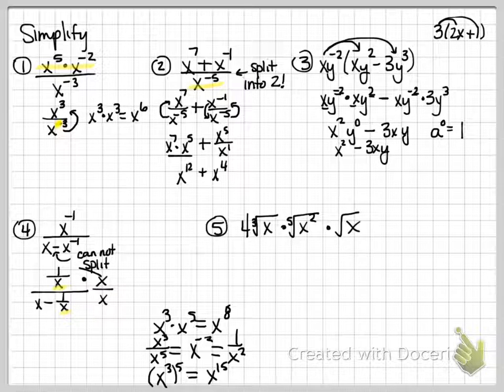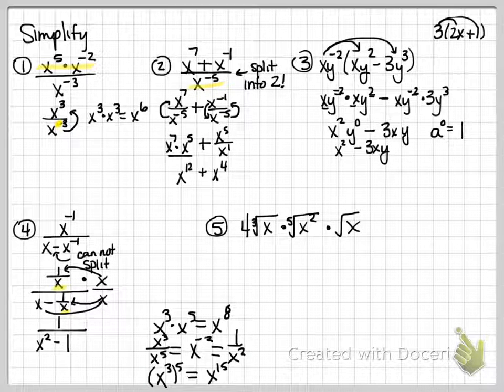Now just distribute. X times 1 over x is 1. X times x is x squared. X times 1 over x is 1. So we have now 1 over x squared minus 1. We have a positive exponent. Can't simplify it anymore.